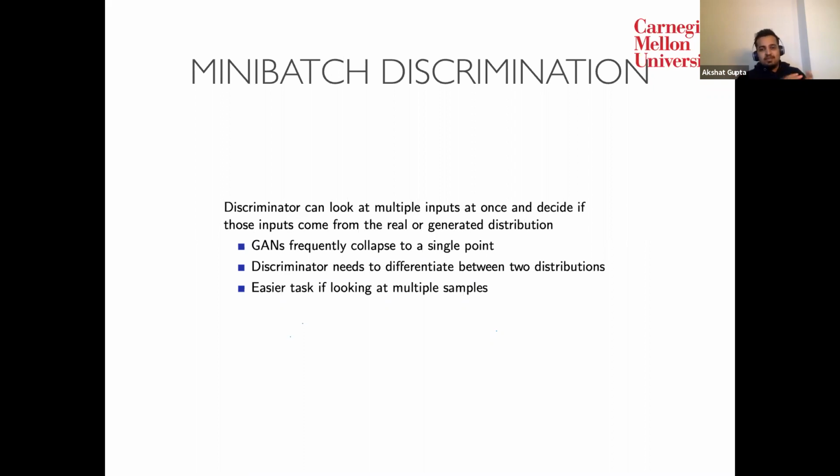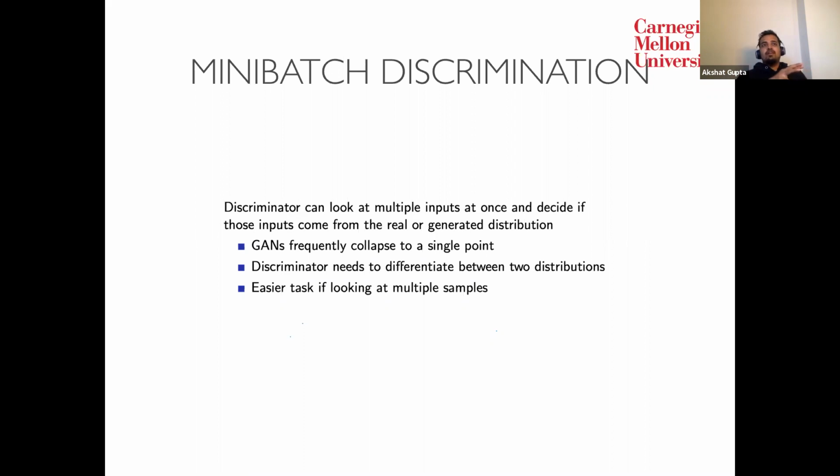And it's not as simple as taking the mini-batch and all of them being processed in parallel, because although all of them are processed in parallel, they're still being processed one by one. It's just that we're using parallelism to do that. The discriminator's decision for one image is based only on that single image.